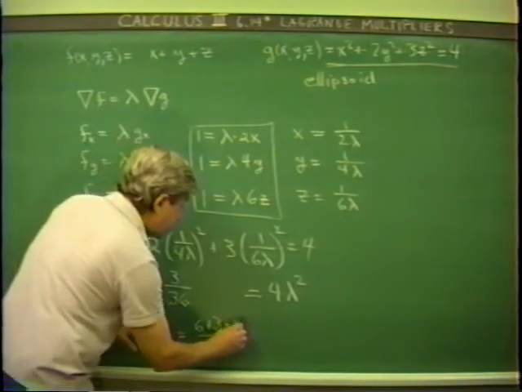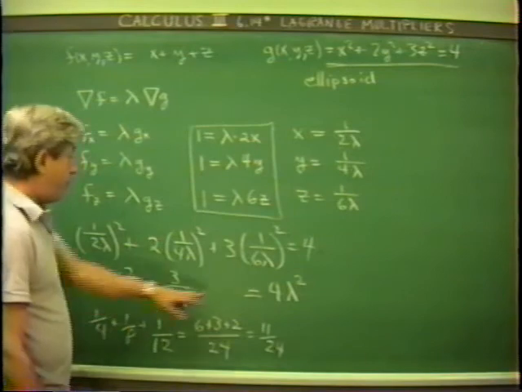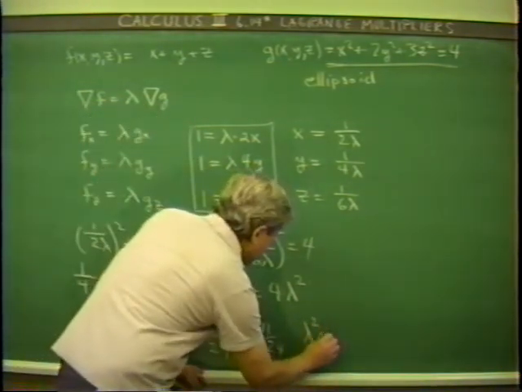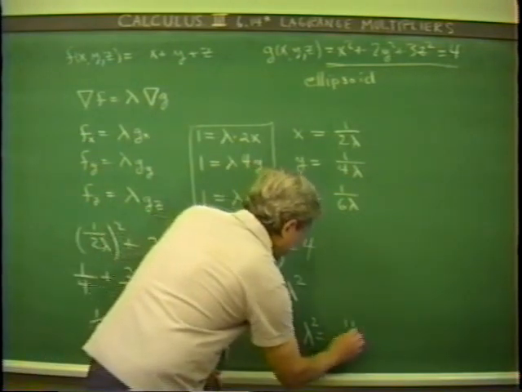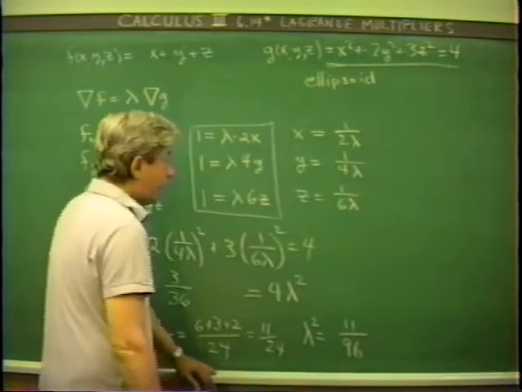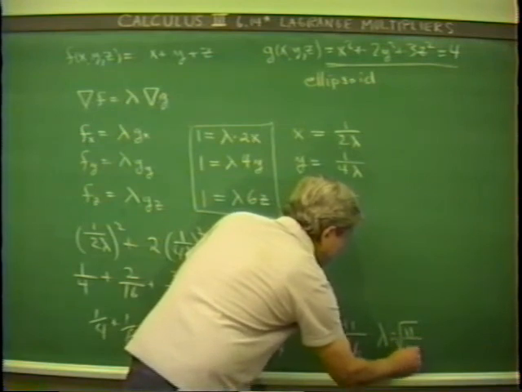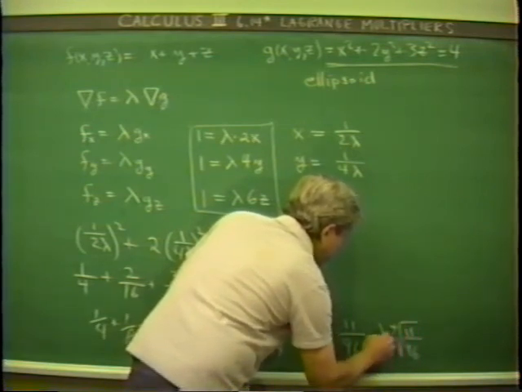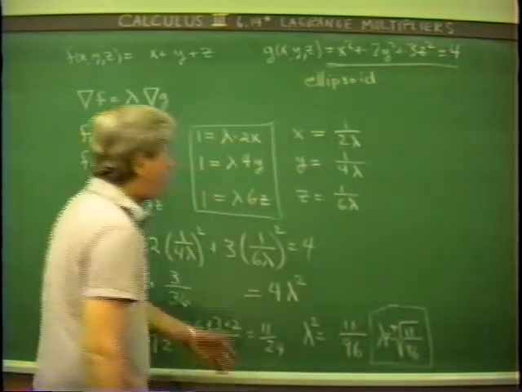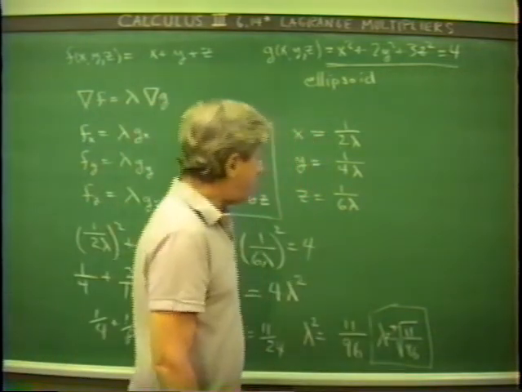Well, this is what, so many 24ths? There's 6 24ths and 3 24ths and 2 24ths, or 11 24ths. This is supposed to be 4 lambda squared, so we get lambda squared is equal to 11 over 24 times 4, 96. And lambda is the square root of 11 over 96, plus or minus.